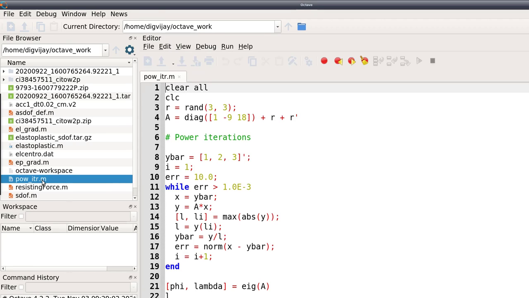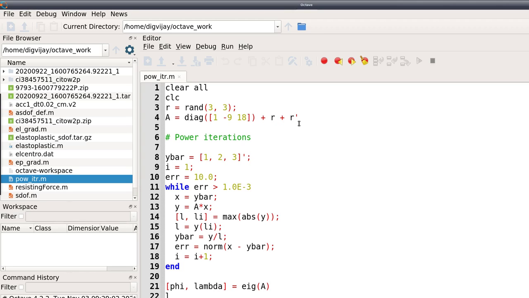Okay, so here is the code. Similarly, initially I have some random vector, and this A matrix I have created using some diagonal entries just to make things easier for us. And the A matrix is symmetric so that a solution will be obtained very easily.